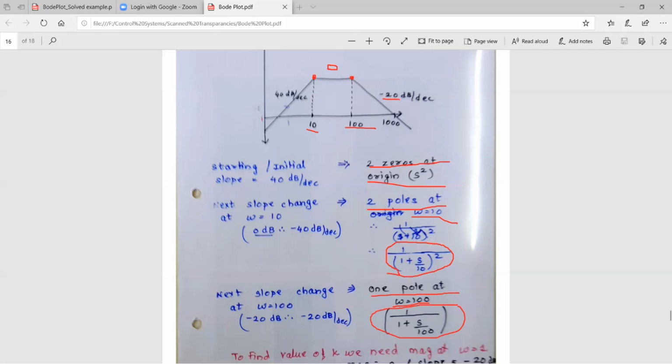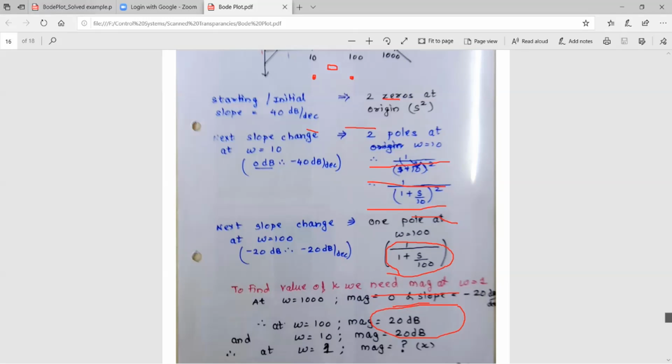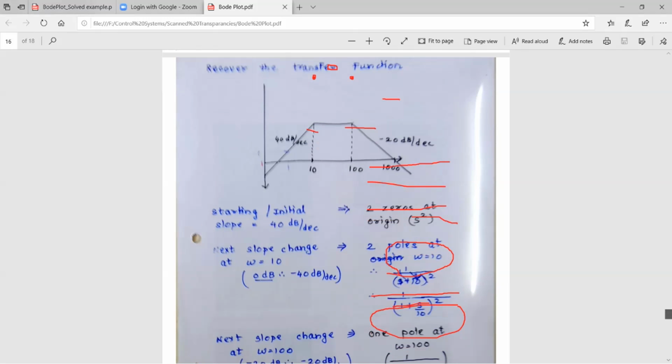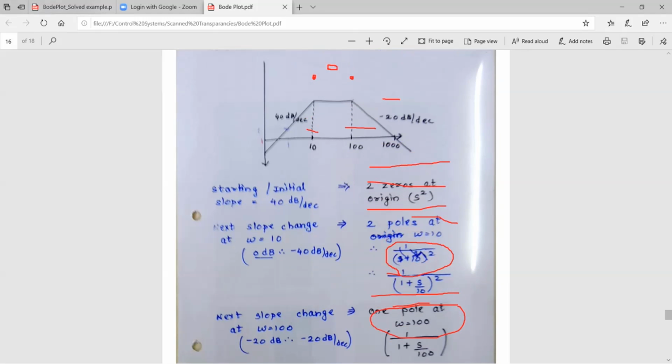Now, most important thing is the calculation of value of K. Okay. So for calculation of value of K, we need magnitude at omega equal to 1. If you remember, the reference point was omega equal to 1, because at omega equal to 1, the magnitude is shown as per the value of K. If you remember the first sketch of the Bode plot which I had shown, there were two magnitude plots.